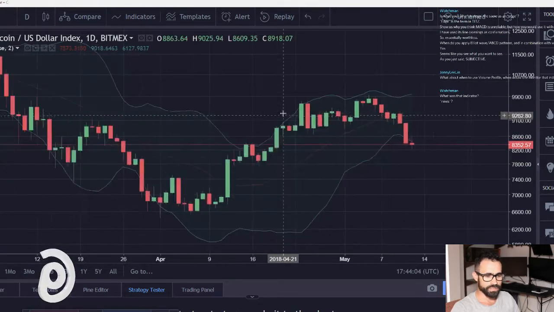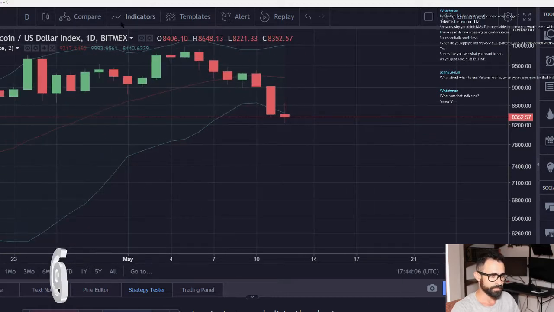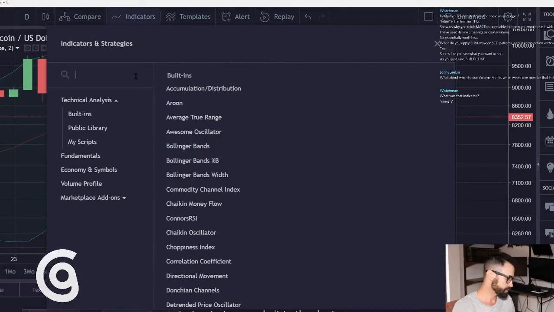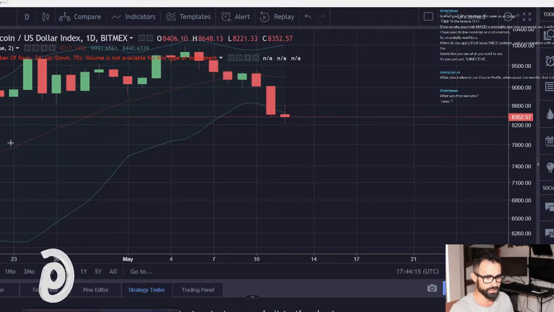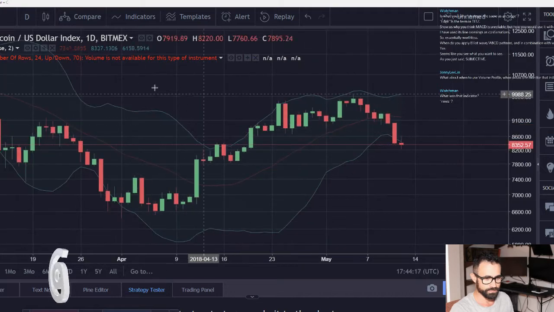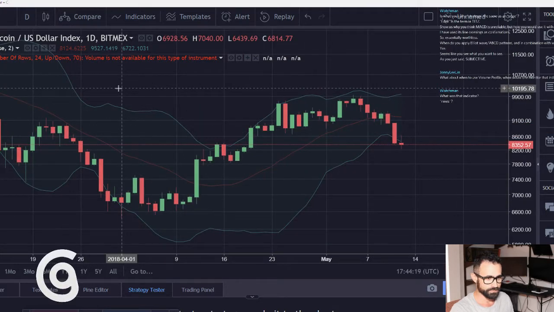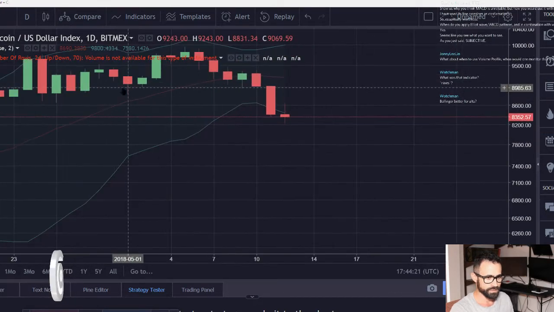So what I'm going to do next, I'm going to add the VPVR. Yep, visible range. Seriously?